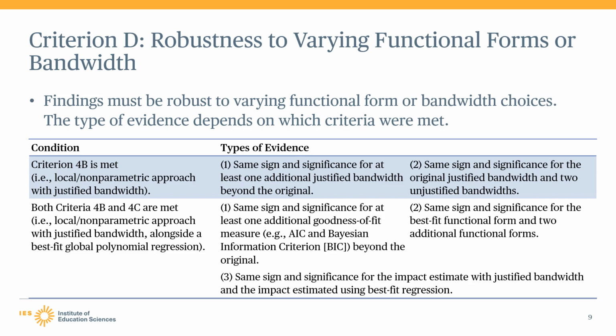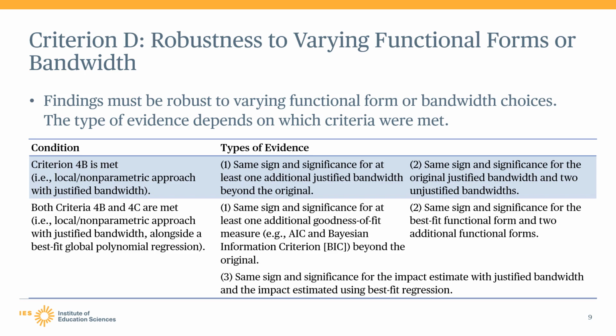This will typically mean one additional goodness of fit criterion beyond the one used to select best fit regression. For example, this criterion would be satisfied if the impact corresponding to the functional form selected using the AIC goodness of fit measure is the same sign and significance as an impact corresponding to the functional form selected using R squared.